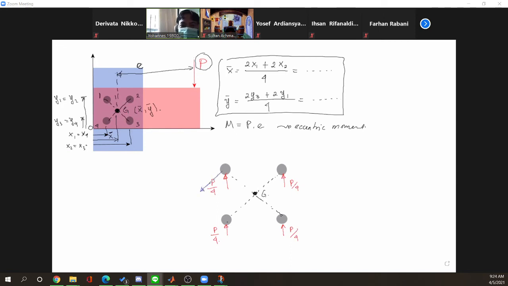And the direction is always perpendicular with the distance to the point at the center of gravity. So it will be like this. And what is the magnitude for each rivet? What is the magnitude for this one? That's what we want to calculate.